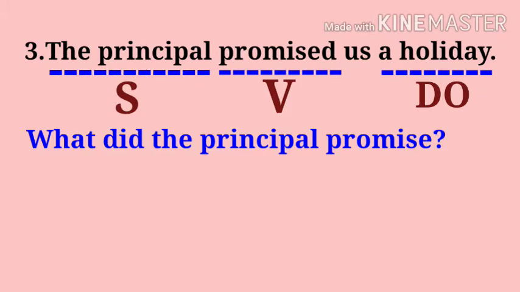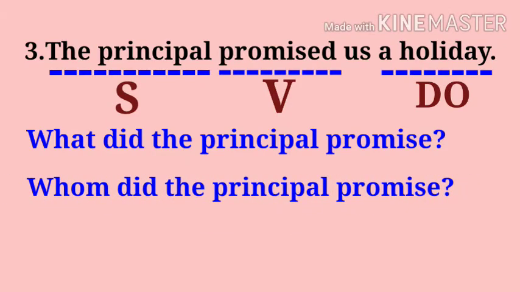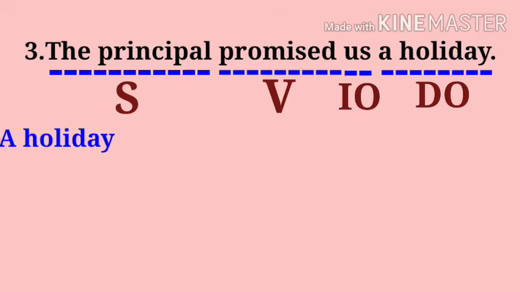Understand? Now ask the question with whom. Whom did the principal promise? And the answer is us. So us is your indirect object. Understand? Now let's start your answer, first of all, with the direct object. A holiday. And the given sentence is in simple past tense. See, the subject plus past tense of the verb plus object.